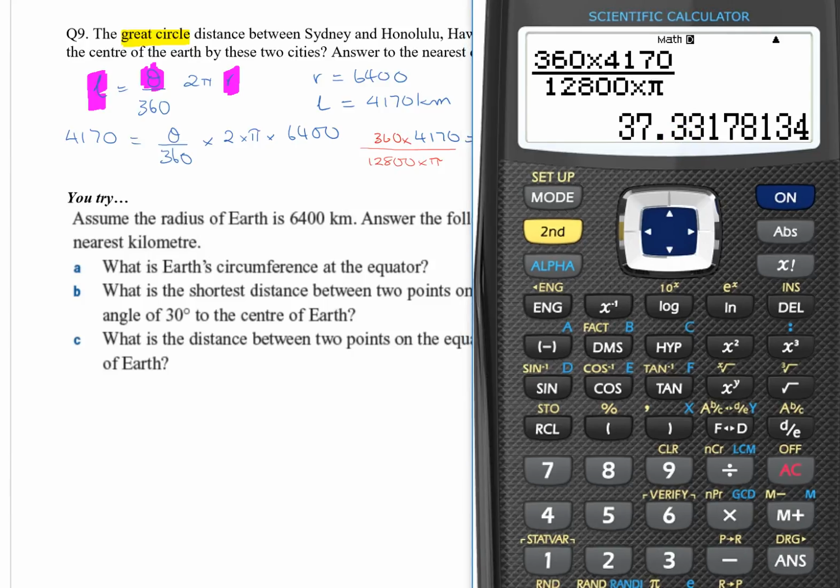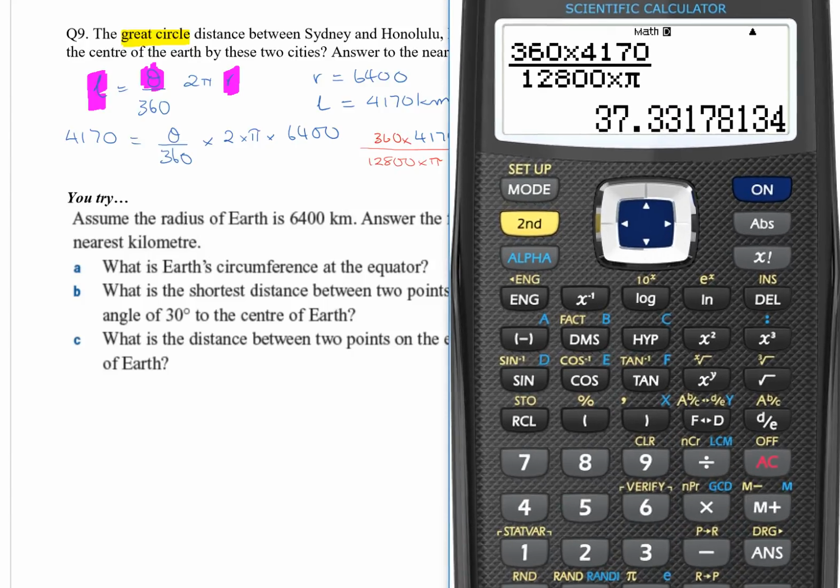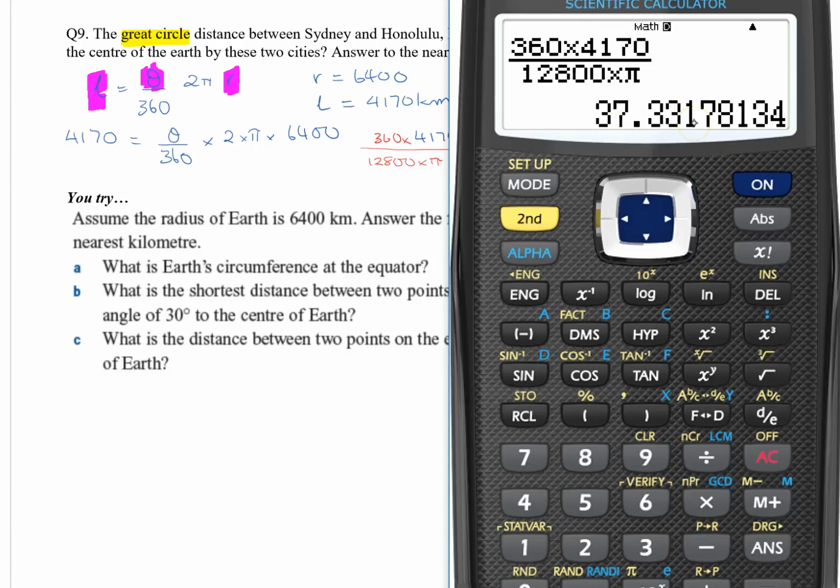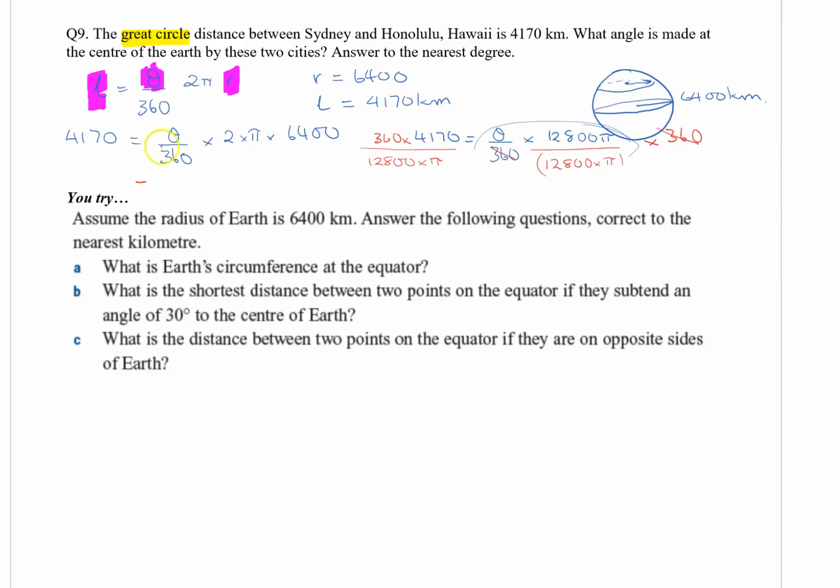Now, does that say to the nearest degree? Yes, it says to the nearest degree. So again, like in the previous example, I'm not going to write that all out because I keep losing the picture. So I'm just going to go straight to rounding, which would be 37 degrees. And I'll stop the video there.